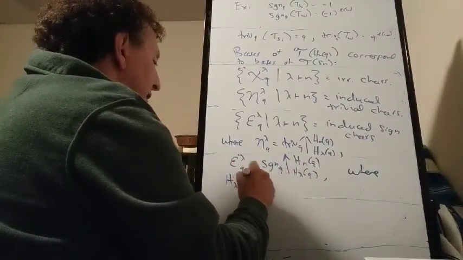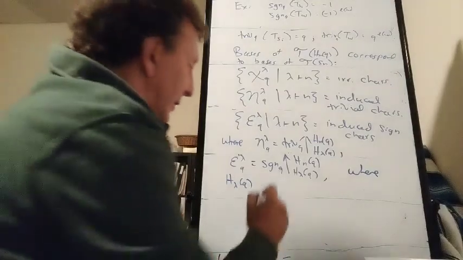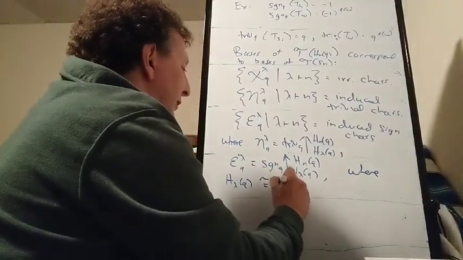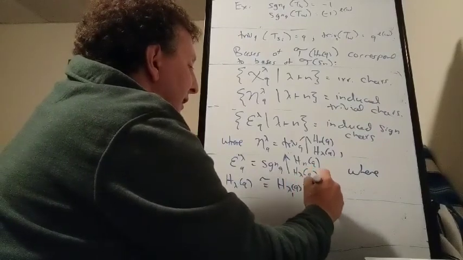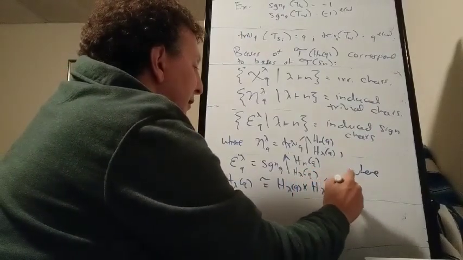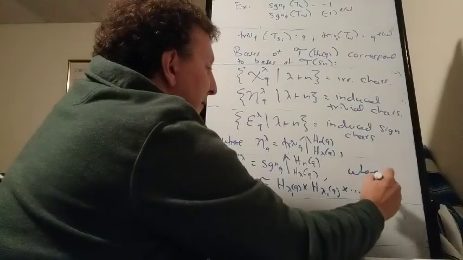Where H lambda Q, this Young subalgebra, is isomorphic to H lambda 1 Q cross H lambda 2 Q, etc.